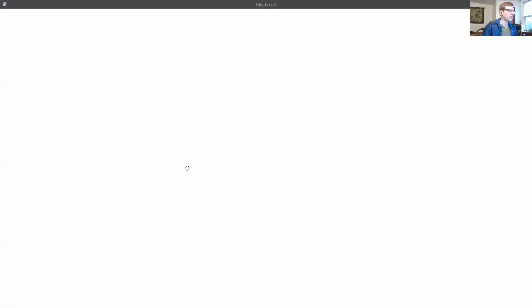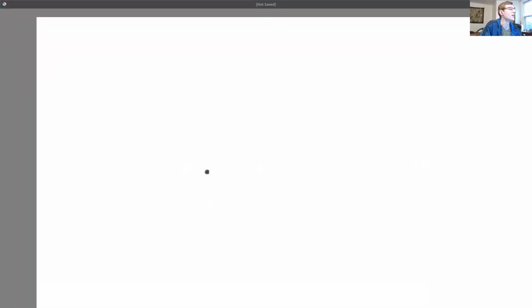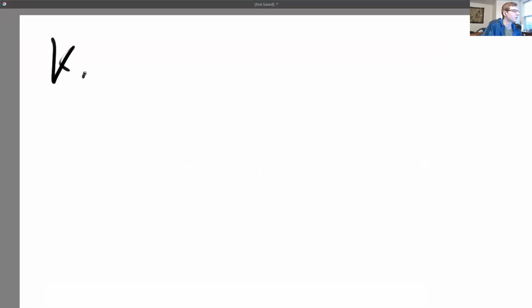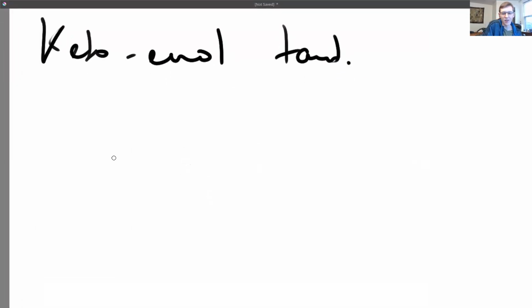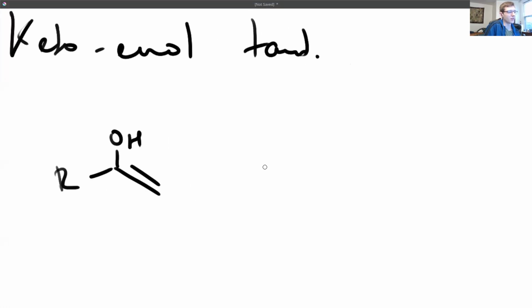So let me go full screen because that's way nicer. So here's this keto-enol tautomerization. The idea is that we have this guy here, which is called an enol, and then we want to get it to the ketone.